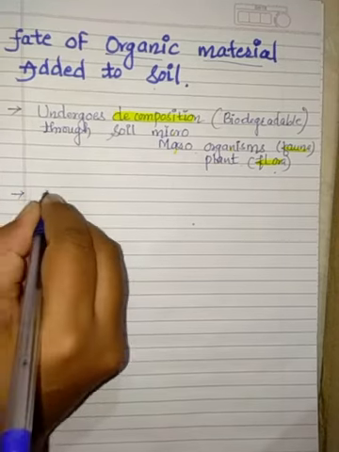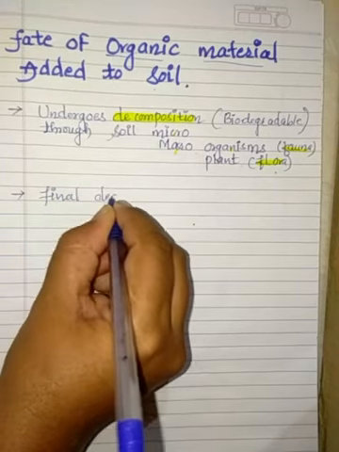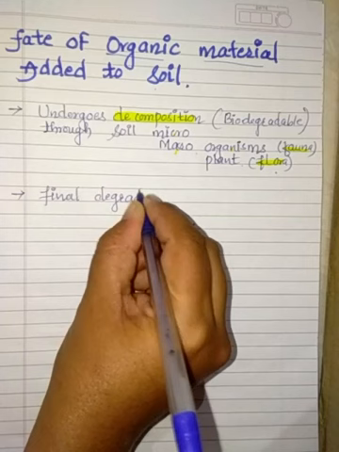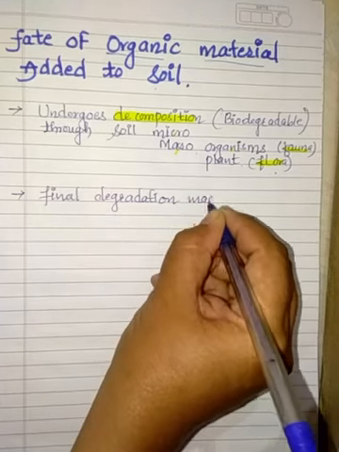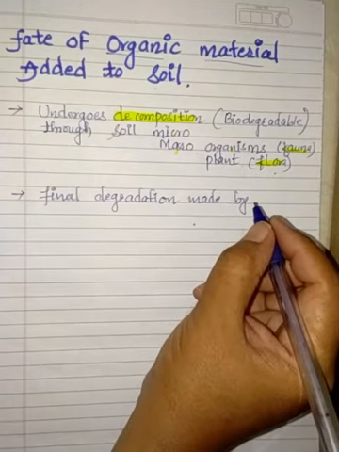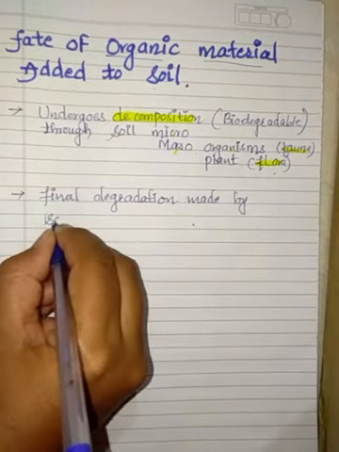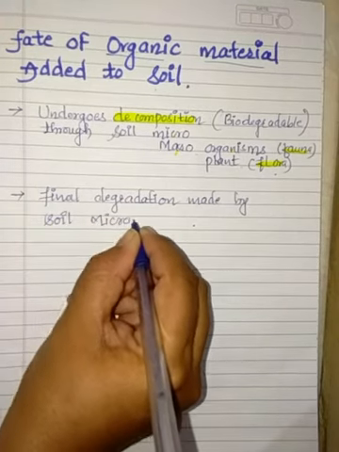Next, finally what will happen? The final degradation or decomposition is made by soil microorganisms.